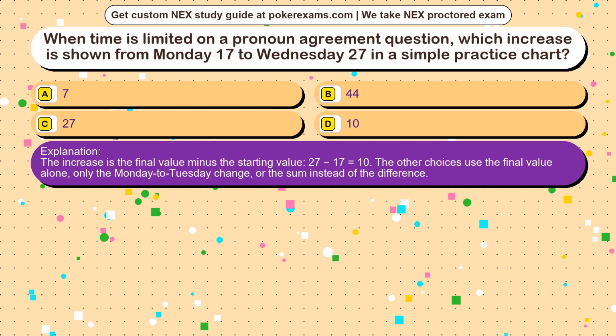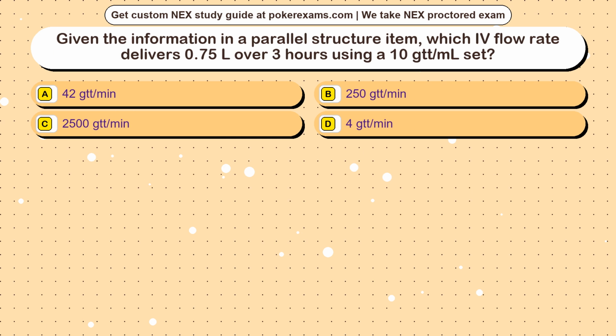Question 6. Given the information in a parallel structure item, which flow rate delivers 0.75 L over 3 hours using a 10 GTT/ml set? Option A, 42 GTT/min. Option B, 250 GTT/min. Option C, 2500 GTT/min. Option D, 4 GTT/min.